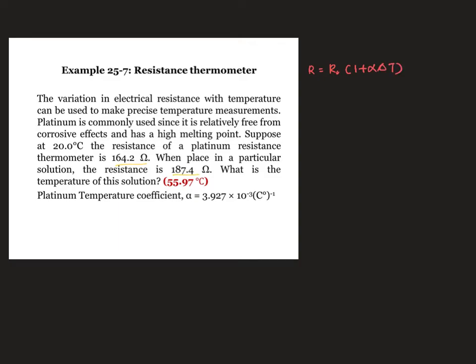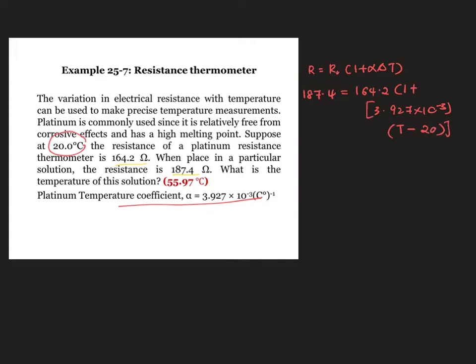Here 20 degrees Celsius is your reference temperature, which is your initial temperature. So here it is going to be 187.4 equals 164.2 times (1 plus alpha, here 3.927 times 10 to the power of negative 3, times the change of temperature, which is T minus 20 degrees).